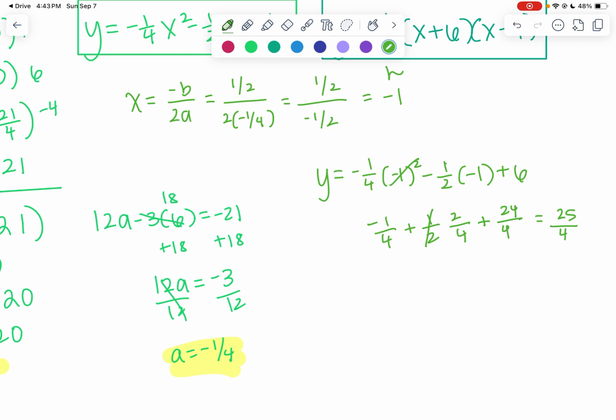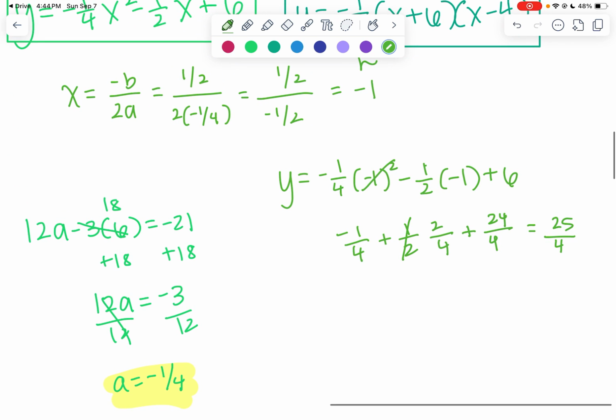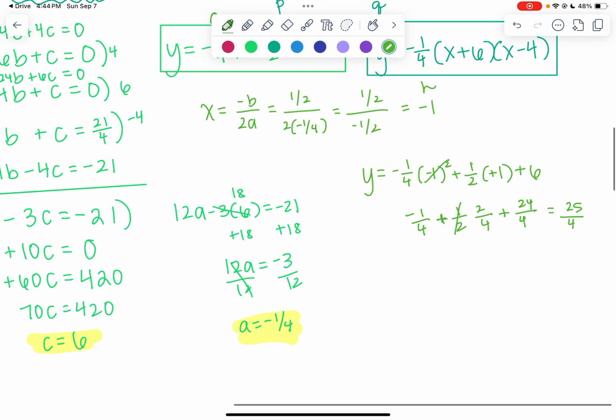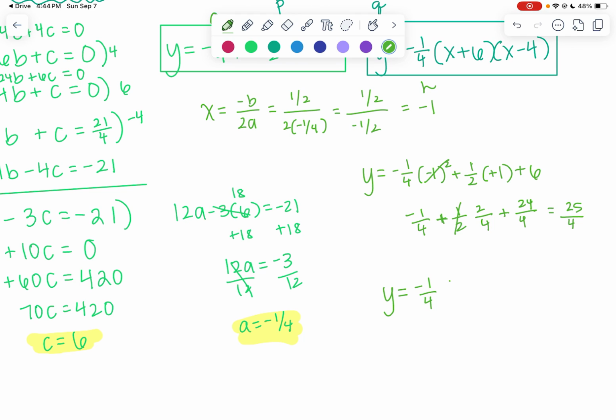So I have my h at negative 1, and I have my k. Oh, I messed up. This is plus. So back over here, y equals a, which is negative 1/4, times x minus negative 1, but that would be x plus 1, squared, plus 25/4. That's it.